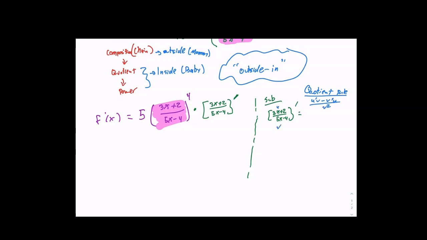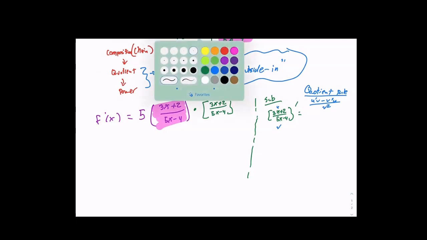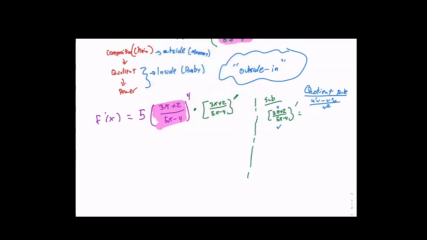So my answer to this subproblem would be the derivative of the top, u prime, which is 3, times v, 5x minus 4, minus v prime, which is 5, times u, which is 3x plus 2. The derivative of the top times the bottom, minus the derivative of the bottom times the top, all over the bottom squared.